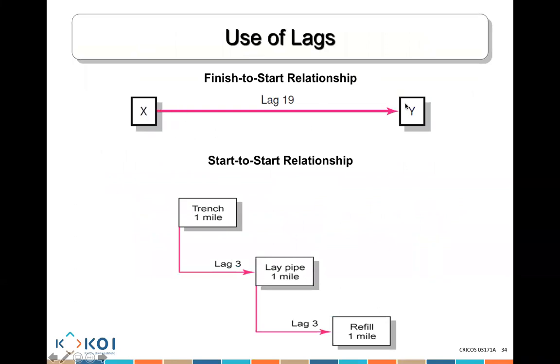Look, for example, here, activity Y will start 19 days after activity X finishes. So this finishes, and 19 days later, activity Y starts. Look here, trench, this is start to finish. The second activity, lay pipe, cannot start until 3 days after trench has started. So you basically have all of these relationships to bear in mind.